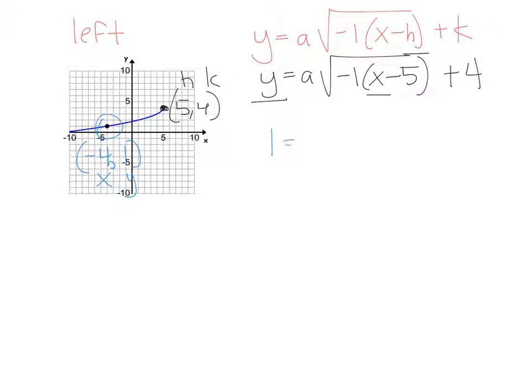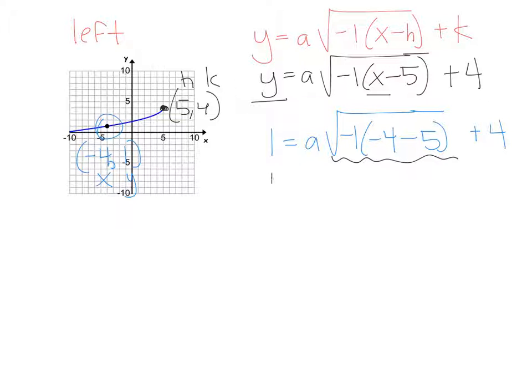So 1 equals a times the square root of negative 1 times the quantity negative 4 minus 5, and plus 4. So I want to deal with this.